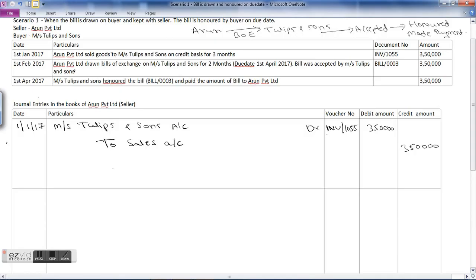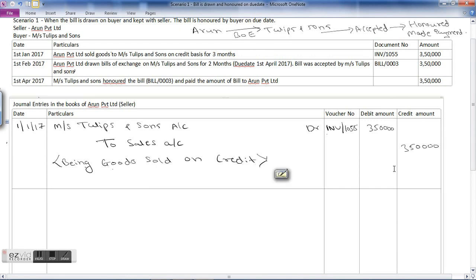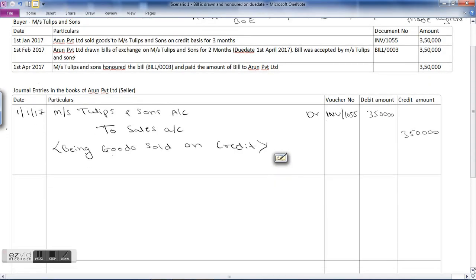Being goods sold on credit. Now the next journal entry. On 1st Feb 2017, Arun Private Limited has drawn a bill of exchange on Messrs Tulips and Sons for 2 months.